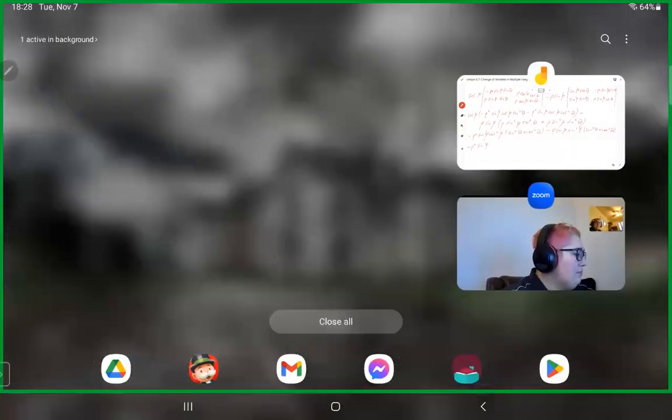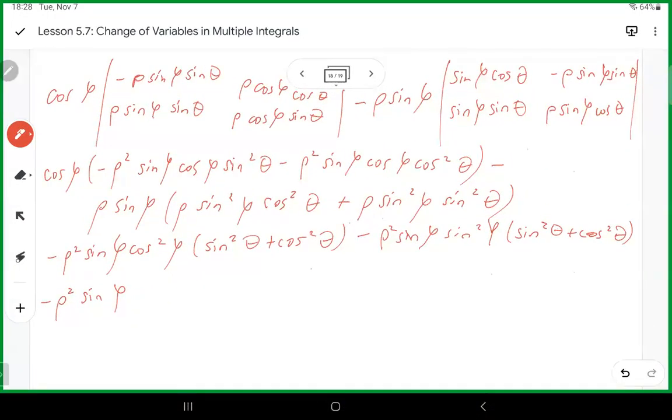Oh my goodness, guys. Sorry. I think even the tablet's done. It's like, this problem's long enough. I don't want to keep going, but it's still not done.